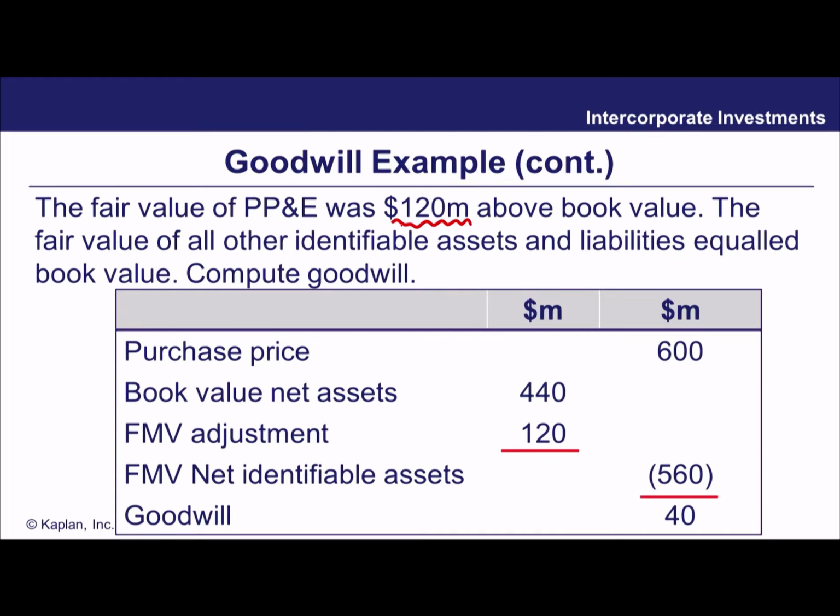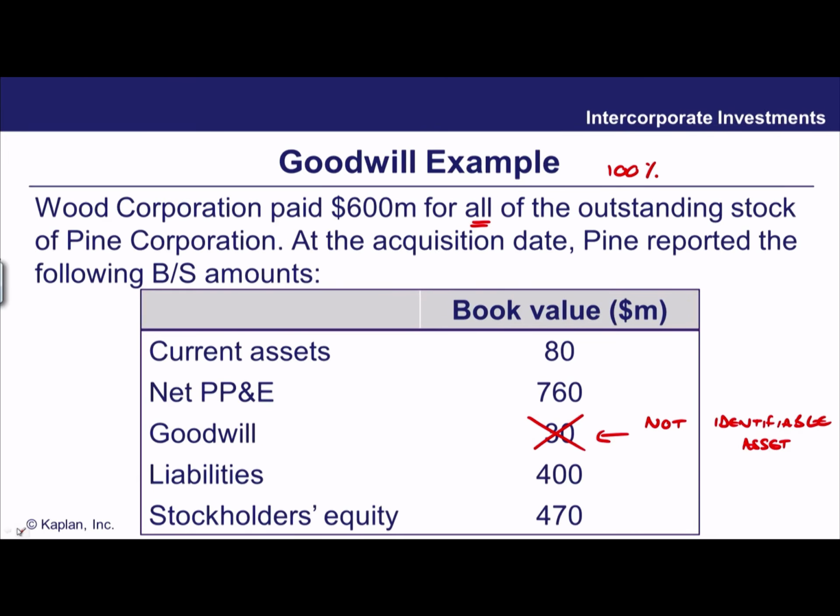So there's the purchase price, what we paid to acquire the subsidiary. We're then looking at the book value of its net assets. Well, let's just return to the previous slide and look at its net assets. We've got the current assets of 80, we've got the net PP&E of 760, and we've got the liabilities of 400. We do not include that goodwill because it is not an identifiable asset in the subsidiary.